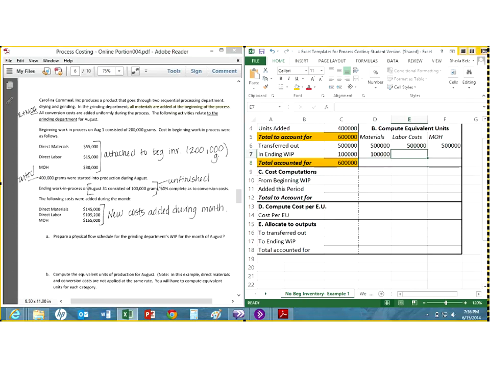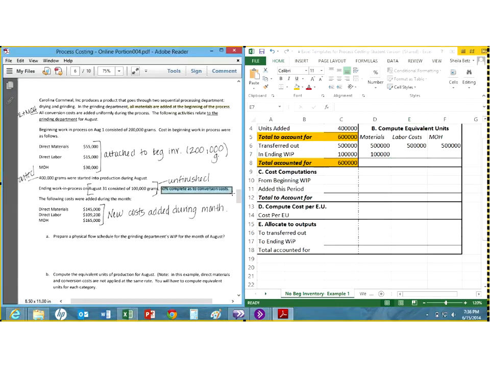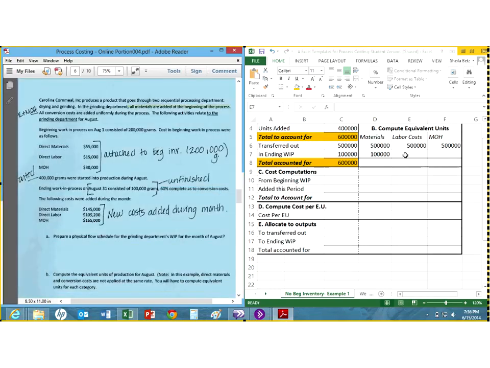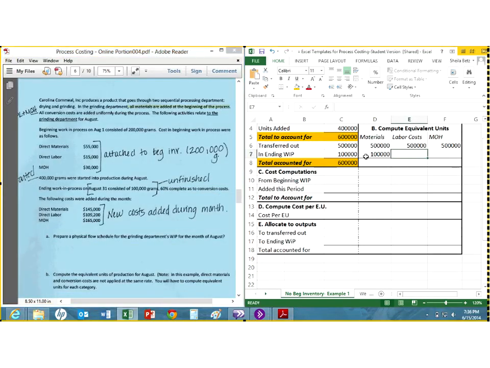For labor costs and overhead costs, it tells us 60% complete as to conversion cost. And remember, conversion cost is labor and overhead. So I have 100,000 of these units, and that's only 60% complete. If I take 100,000 times 60%, that's the equivalent of saying I have 60,000 equivalent units completed in regards to labor cost.